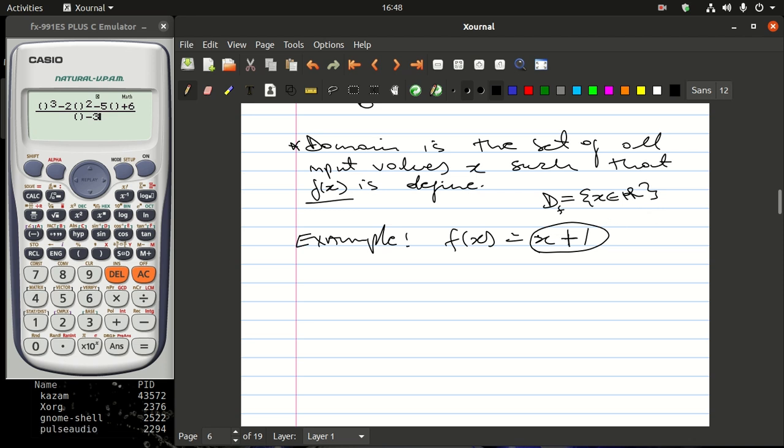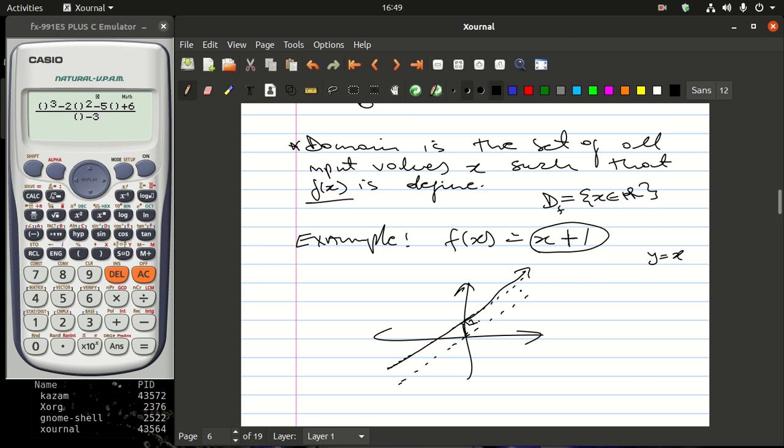Now if you look at this, we can even plot it if you want. The normal function y is equal to x usually passes through the origin like this, but now we have a plus 1, so we want to push this function 1 unit up. You are shifting it 1 unit up, so it's supposed to go like this, and here you're supposed to have a 1.